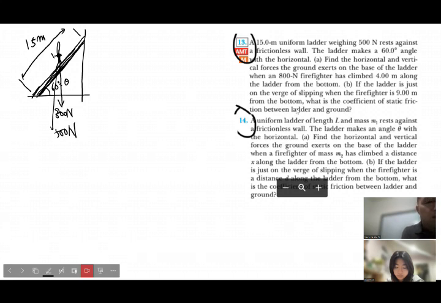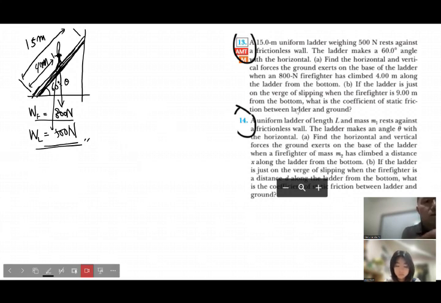So basically, the weight of the firefighter is 800 Newton and the ladder is 500 Newton. And the firefighter sits on the ladder 4 meters above the ground. That is 4 meters along the ladder.